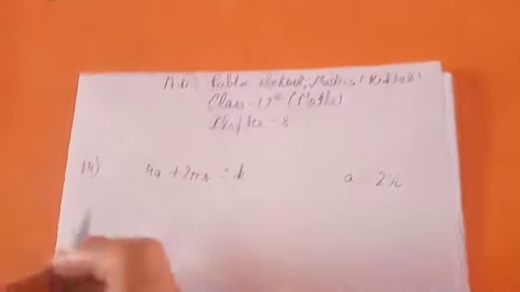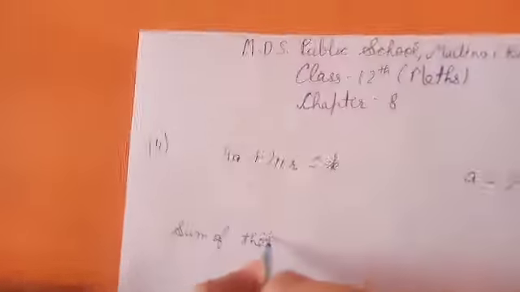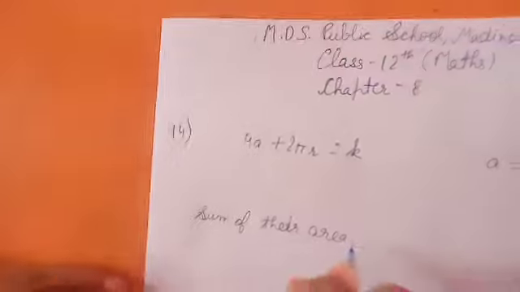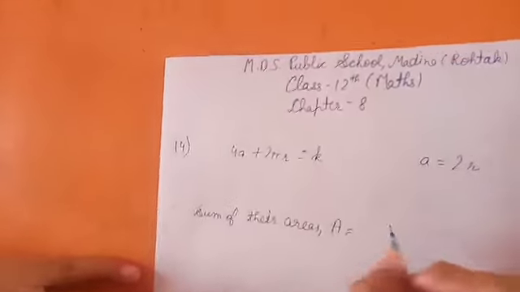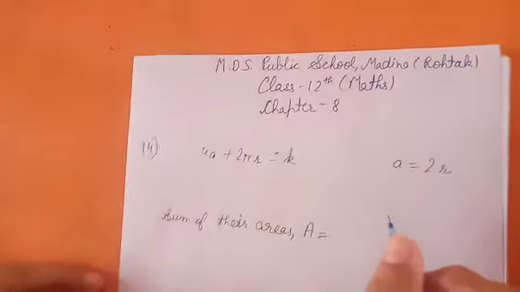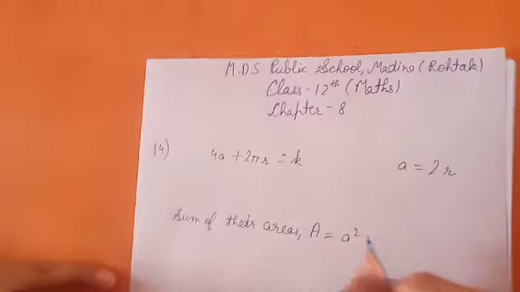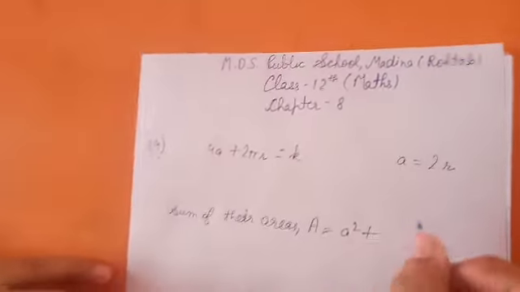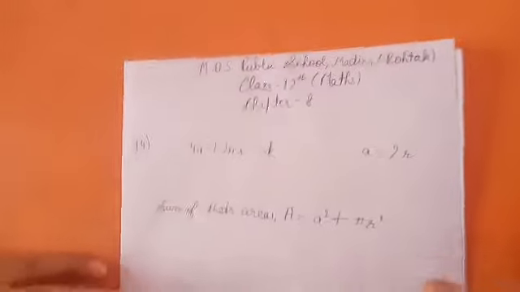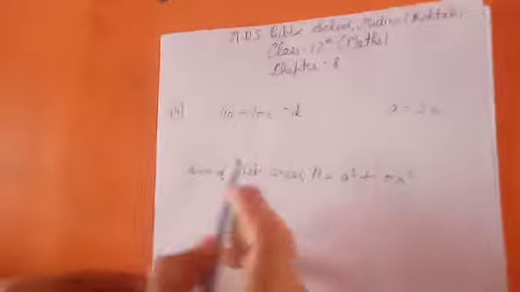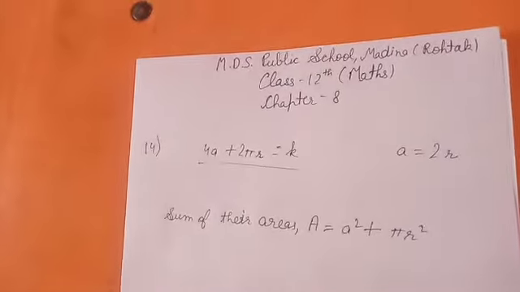Now, the sum of their areas, we can say A is equal to the area of the square, a square, plus the area of the circle, pi r square. Now we have our area in two variables, so using this we can convert them into one.